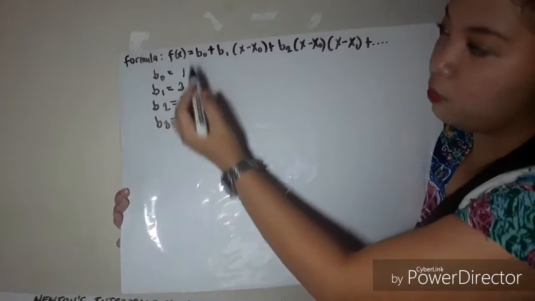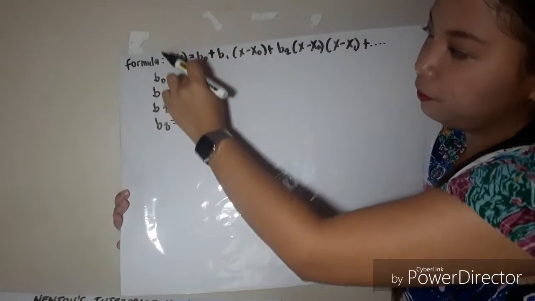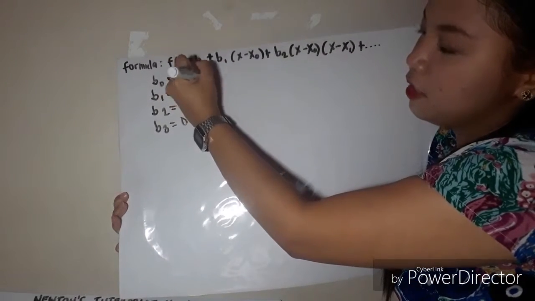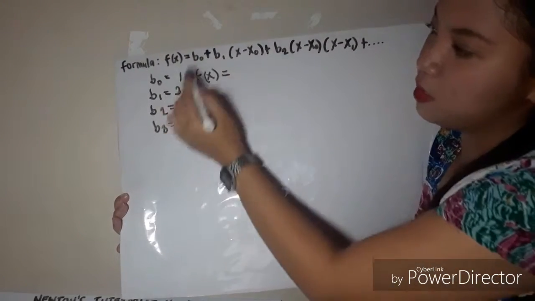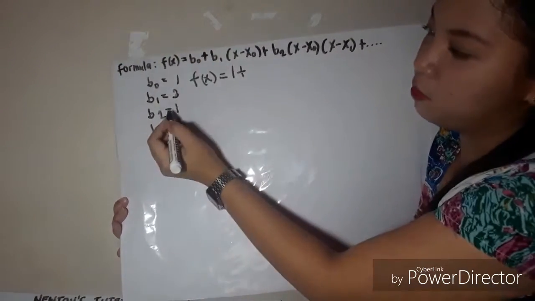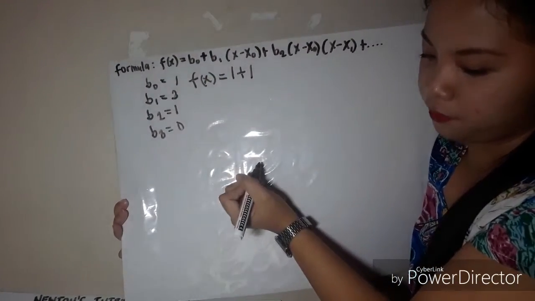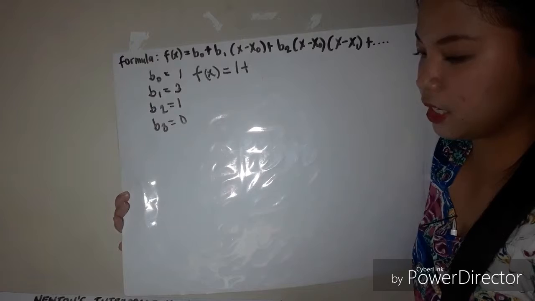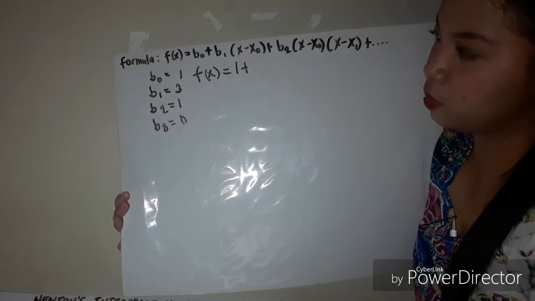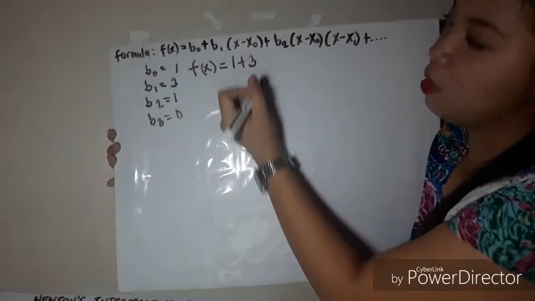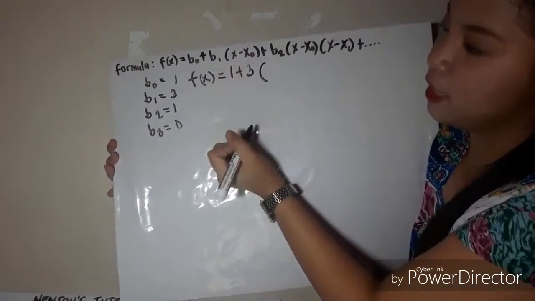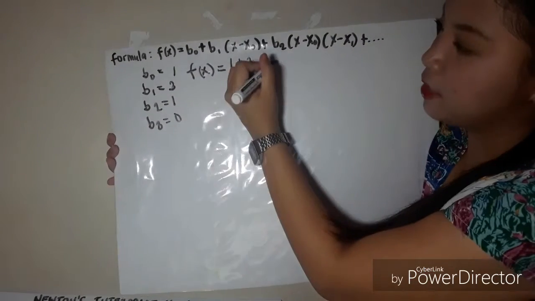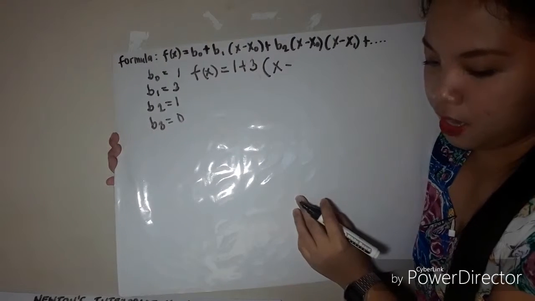By substituting the following, f of x is equal to b sub 0, which is 1, plus b sub 1, which is 3, multiplied by x minus x sub 0.